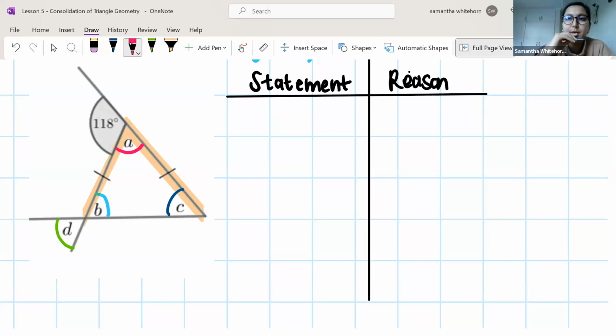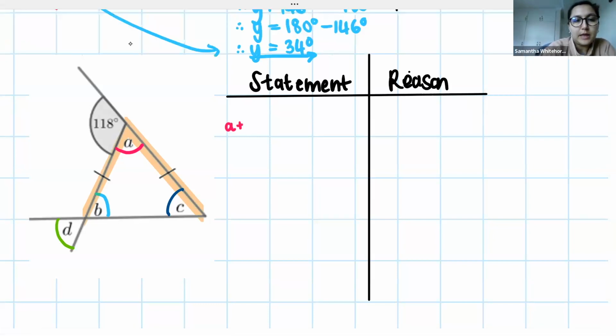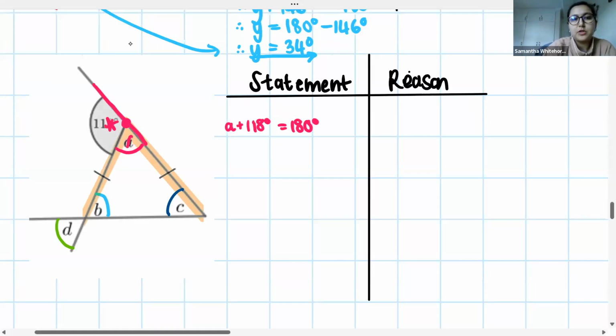Okay, guys, so I'm going to start with A. Again, if you didn't start with A, that's cool, but I'm going to start with A. So A plus the 118 degrees must give me 180 degrees because these are adjacent angles on a straight line. There's my straight line. There's the common point. There are 2 angles right next to each other. So they are adjacent angles on a straight line.